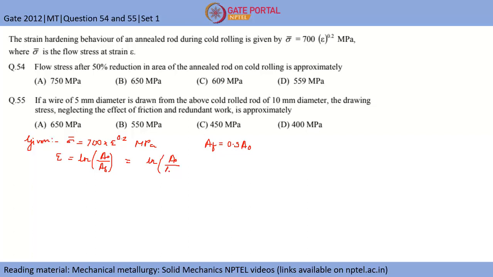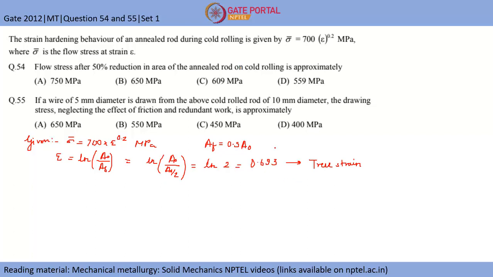We will write it as A0 by 2, which is equal to ln of 2, which is equal to 0.693. This is the true strain when the material is deformed until 50% reduction of area has occurred.